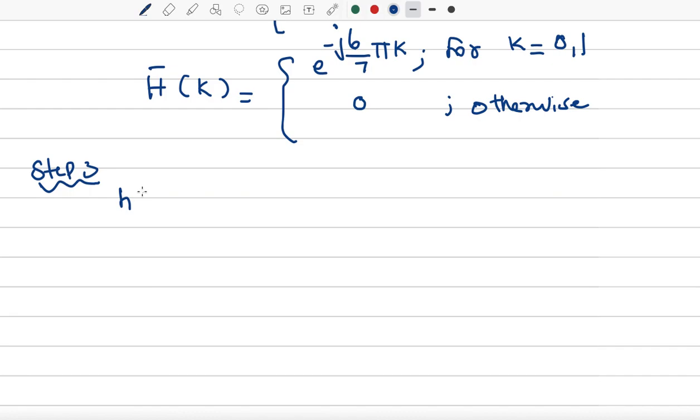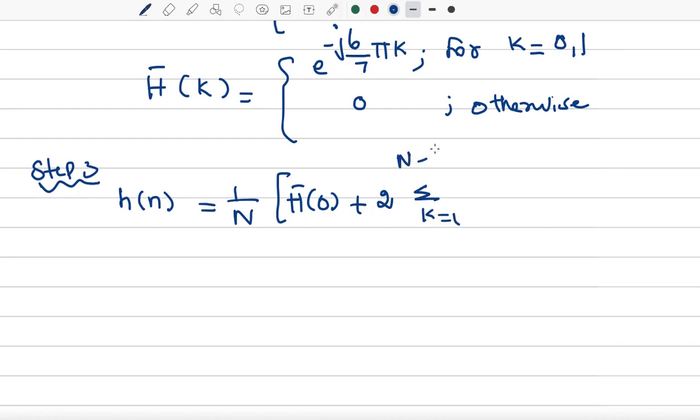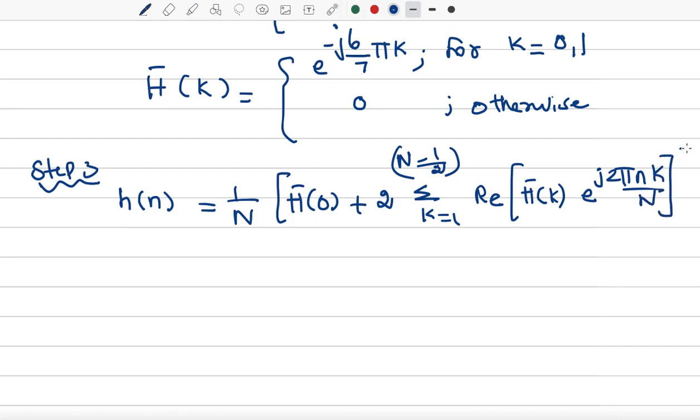Okay, what's the formula for the filter coefficient? h of n equals 1 by N into H gap of 0 plus 2 into summation k equal to 1 to (N minus 1) by 2 of the real part of H gap of k into e power j 2 pi n k by N. Okay, so this is h of n. So we need to substitute everything here.